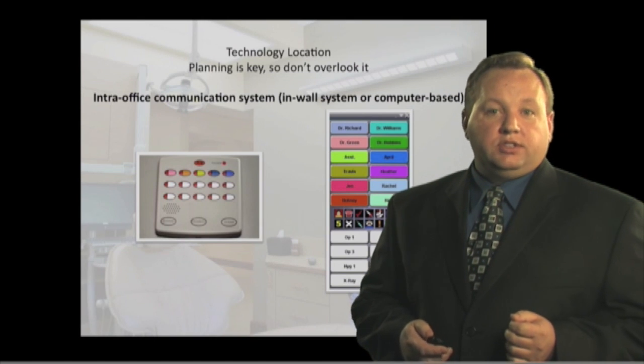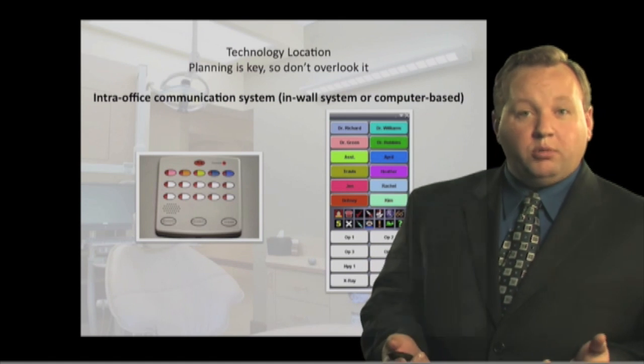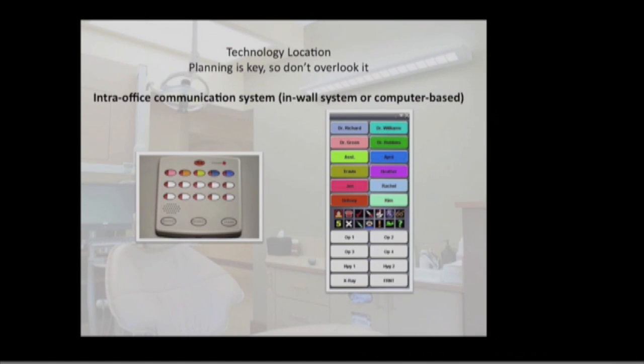Let's talk about intra-office communication. Are you going to use something that's software-based, use the computers that you currently have in your office to be able to utilize that technology, be able to get more money out of that machine because you're using it for more purpose than just using it for your practice management software.